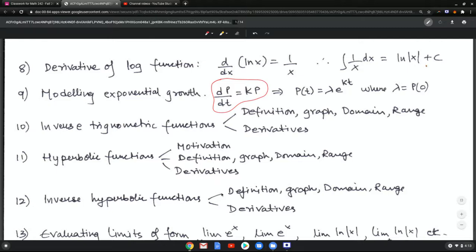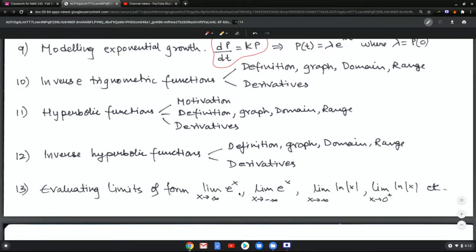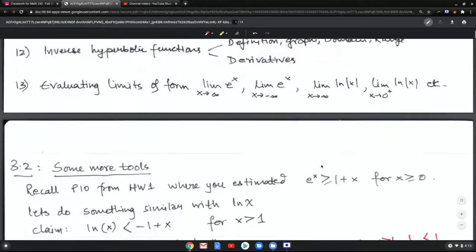Then we looked at inverse hyperbolic functions, their definition, graphs, domain, ranges, and derivatives. And then evaluating limits of the form e to the x, where x goes to plus or minus infinity, and log x, where x goes to infinity or x goes to 0 from the positive side. So basically infinite limits.